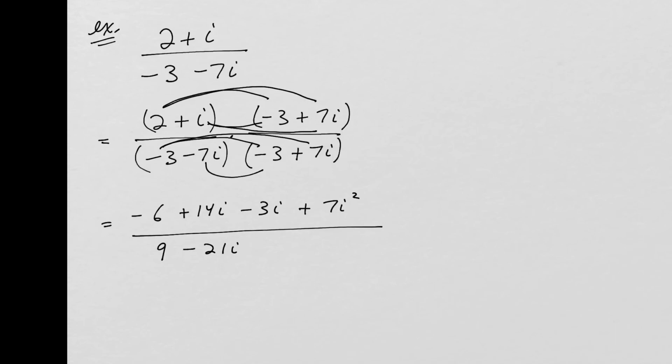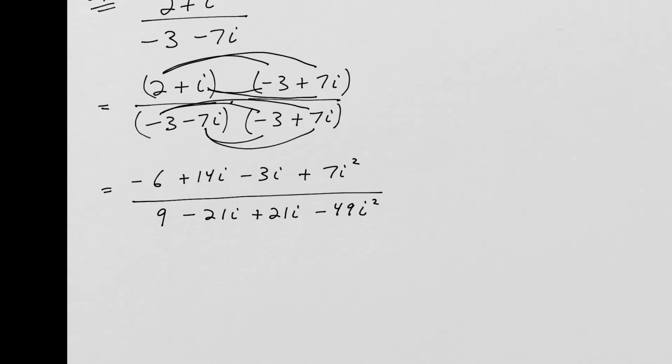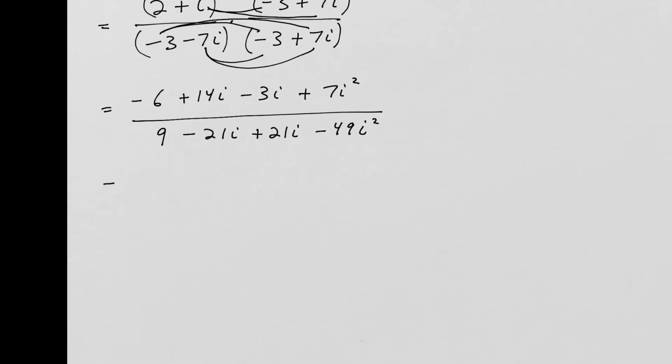Negative 7i times negative 3 is plus 21i. And then negative 7i times positive 7i is negative 49i squared. Okay. Remember, i squared is negative 1, right?